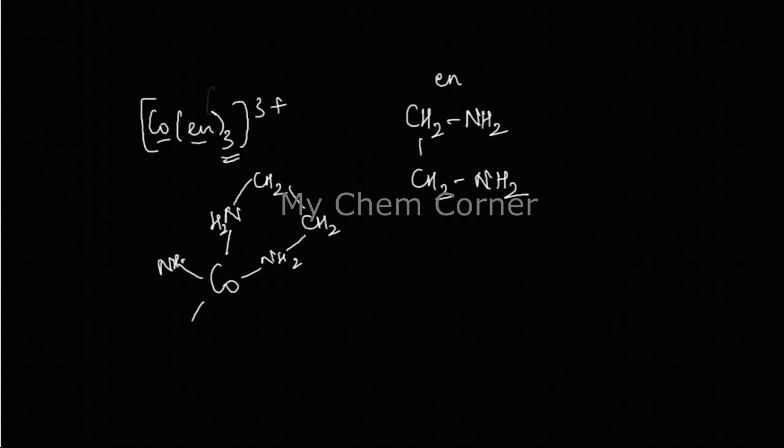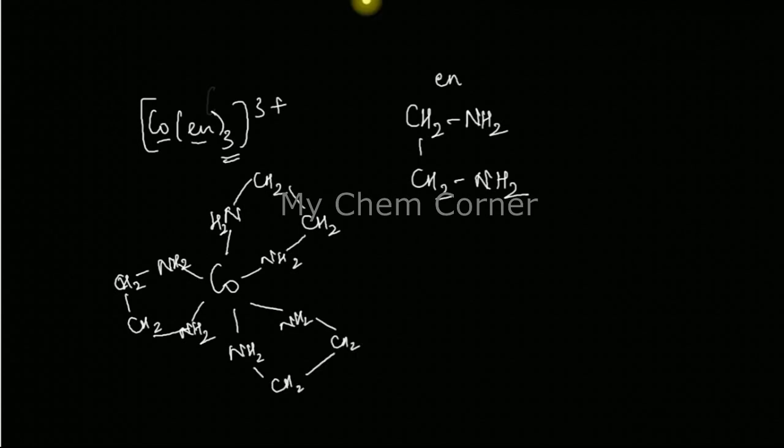So I have NH2, CH2, CH2, NH2, and one more en to draw: NH2, CH2, CH2, NH2. So I have one en here, one en here, one en here. How many of these bonds are touching cobalt?